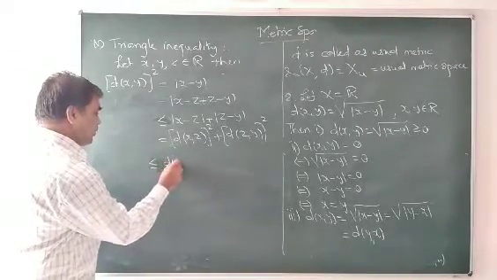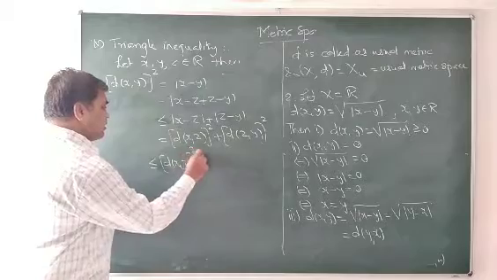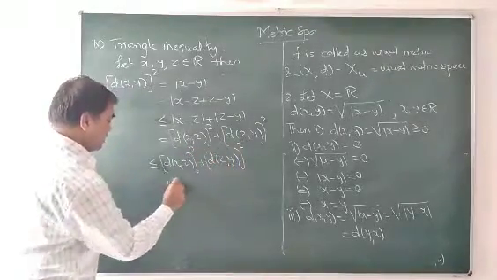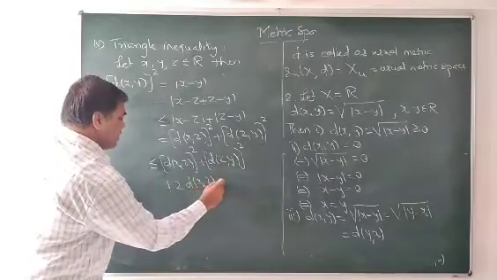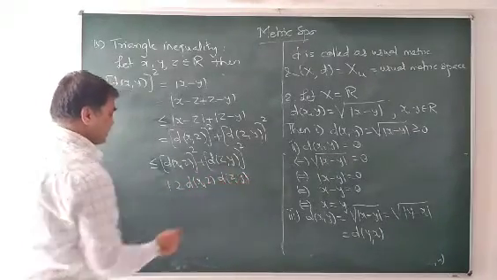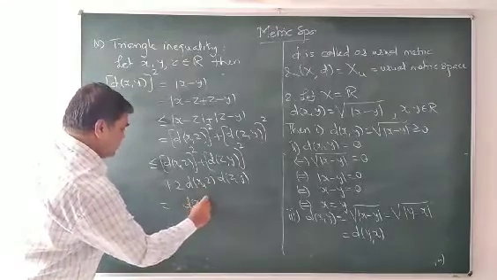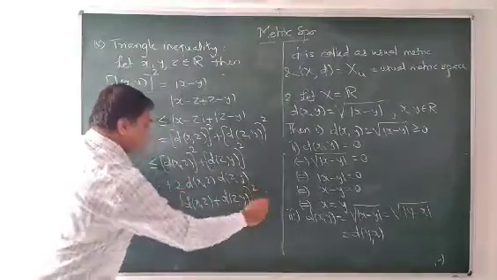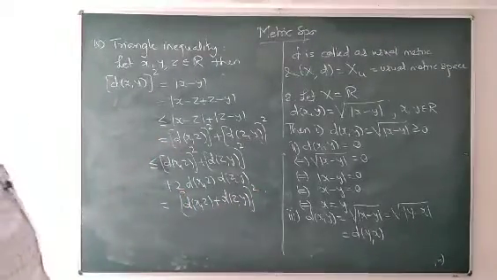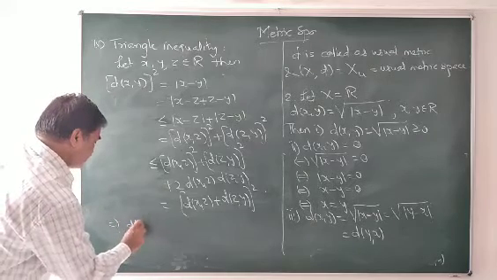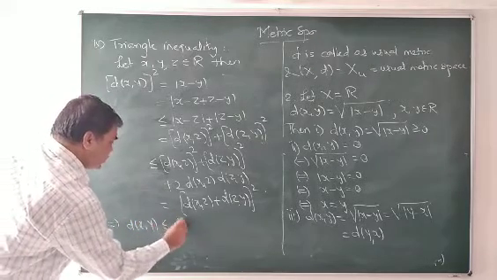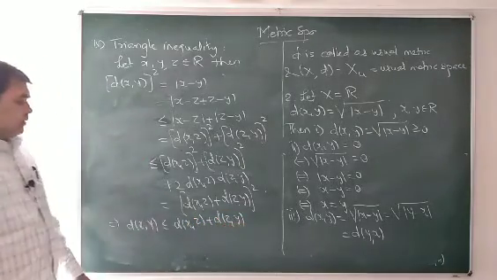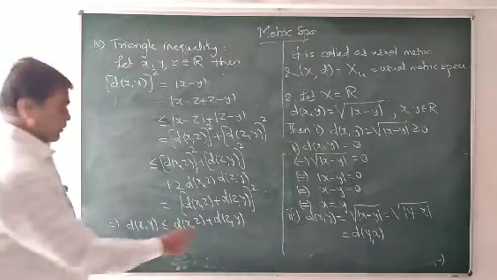So this is nothing but d of x, z squared plus d of z, y squared plus 2 times d of x, z into d of z, y. But this is nothing but d of x, z plus d of z, y, whole squared. Taking the square root on both sides, we get d of x, y is less than or equal to d of x, z plus d of z, y.